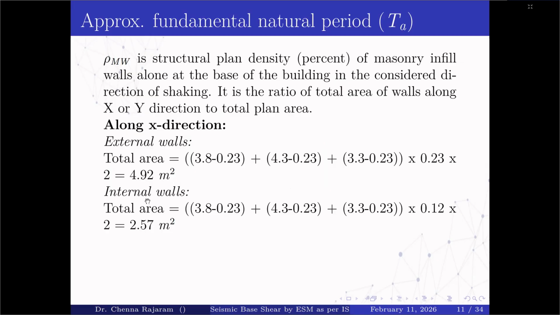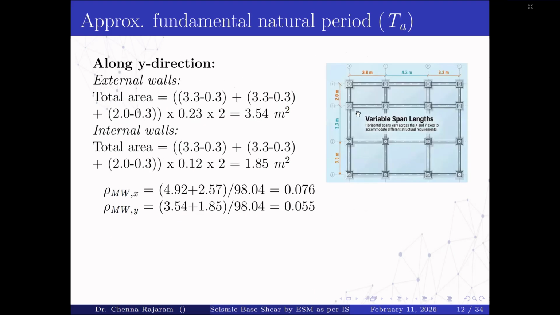Similarly, for internal walls, the length of the internal wall is the same. But the thickness of the wall for internal walls is considered as 0.12, multiplied with 2. This 2 is the total number of walls along x direction.